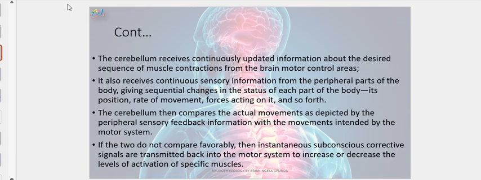So we also acknowledge that the cerebellum is an integrative area. It receives some information from the ears, some information from the visual system. We've also demonstrated how it's receiving information from the cerebral cortex, and from the spinal cord using the spinocerebellar tract, so that it's able to integrate all this information.